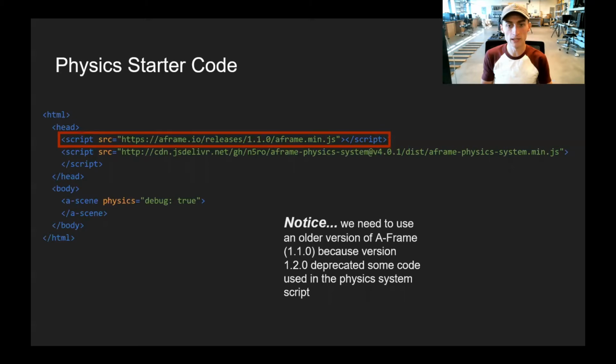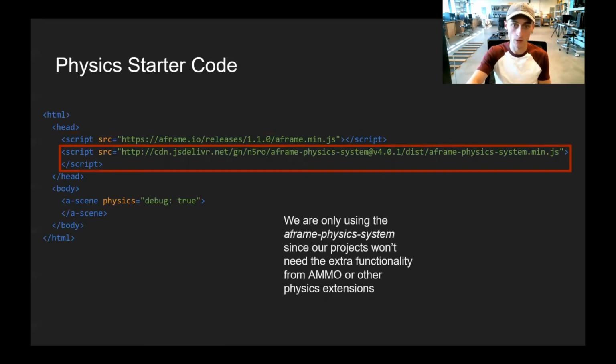And unfortunately, that causes the A-frame physics system code to break. If you try to do it with 1.2, some objects fall, some don't, some collide, some won't. It's pretty bad, and it's not a big deal. Sometimes you do have to go to an older version. And in our case, we're really lucky because 1.2 doesn't add too much. In fact, 1.1, you could almost think of it as 1.2, but without the deprecation of the code that causes things to break.